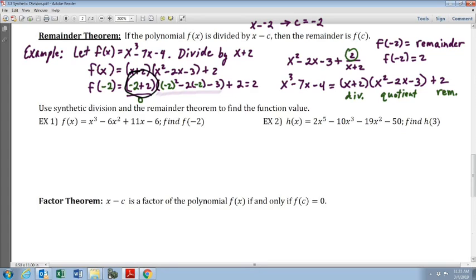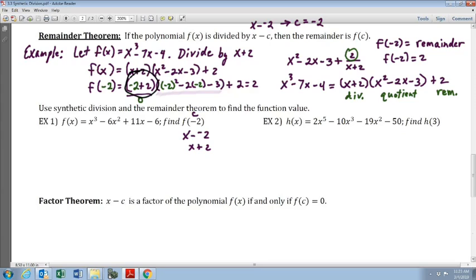So the remainder theorem is telling us, first of all, in this case here, our c is negative 2. So by the remainder theorem, x minus c, or in this case x minus negative 2, when we divide the polynomial by that, the remainder we get is going to equal f of negative 2.